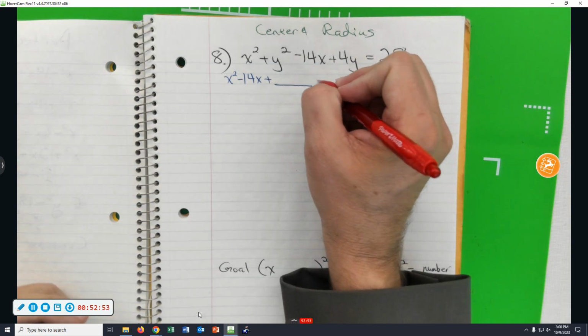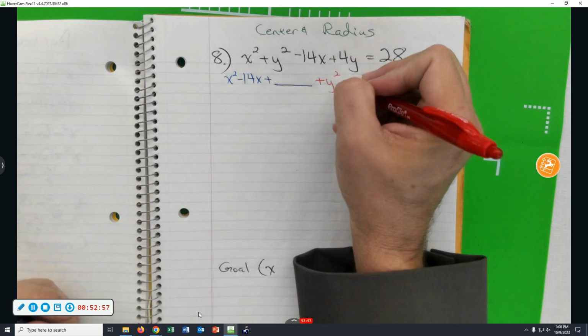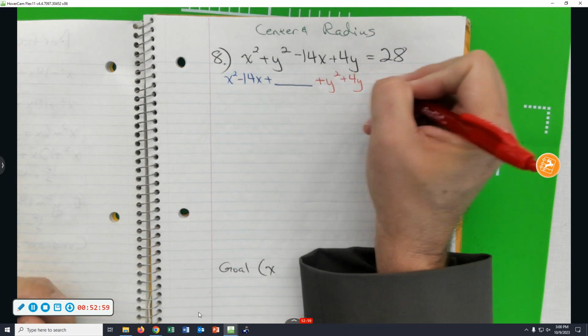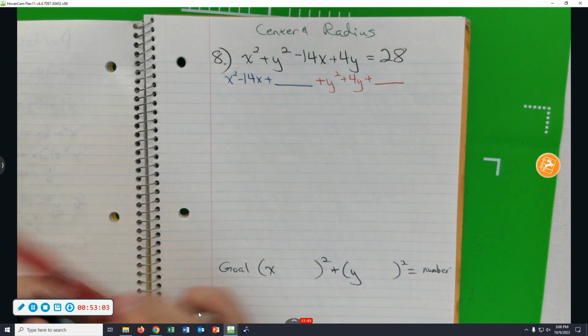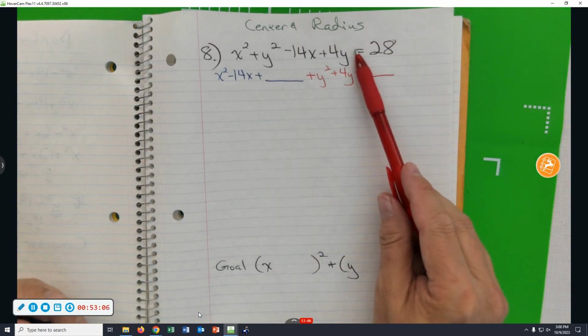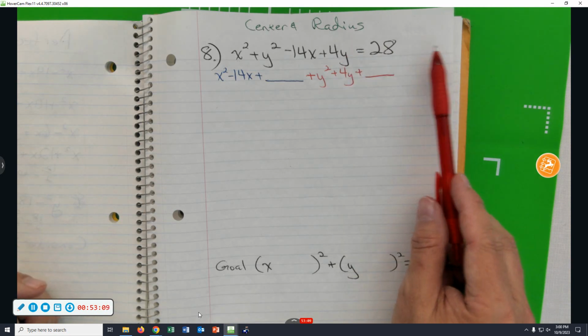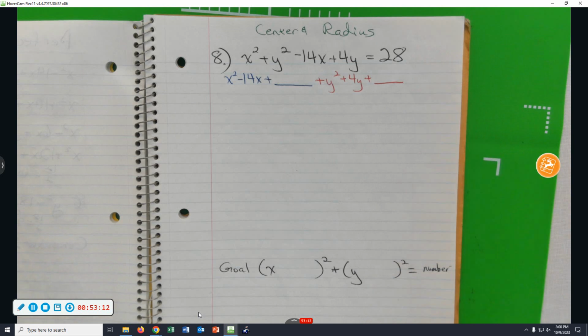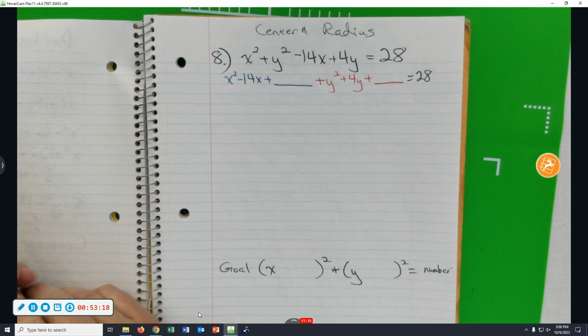So plus y squared plus 4y plus, skip some space. In most cases, they have the constant over on the left-hand side, and you have to move it over to the right-hand side. For this first one, they've got the constant on the right-hand side for us. That's nice. I'll just say equals 28.